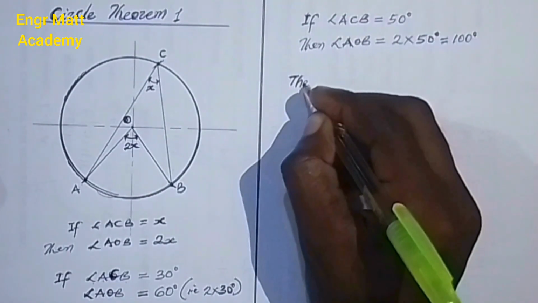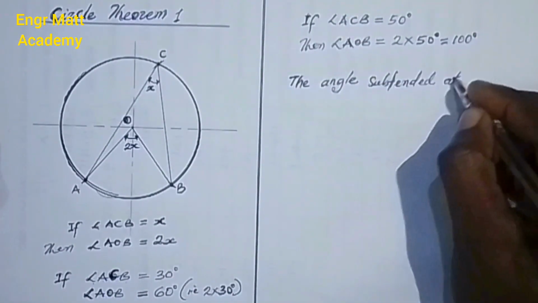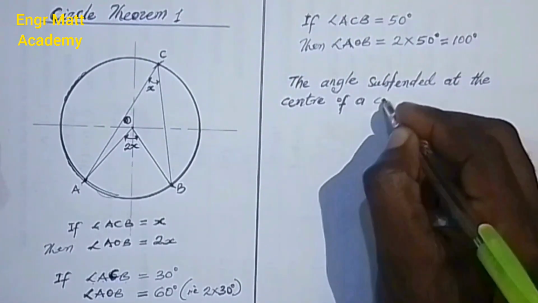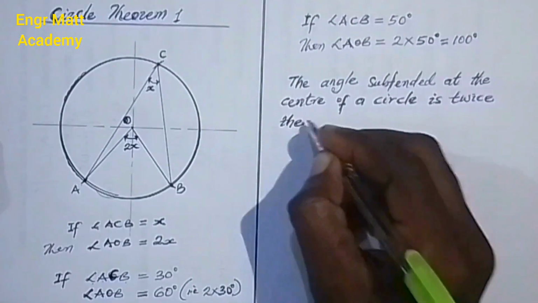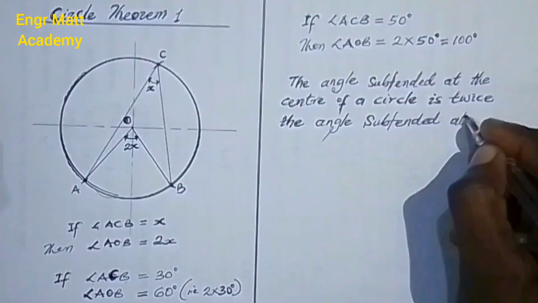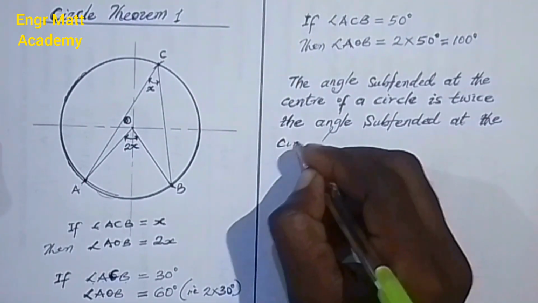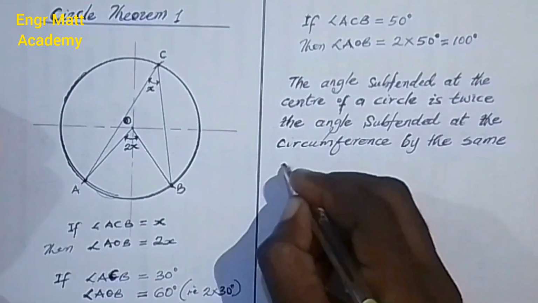Because the angle subtended at the center of a circle is twice the angle subtended at the circumference by the same arc.